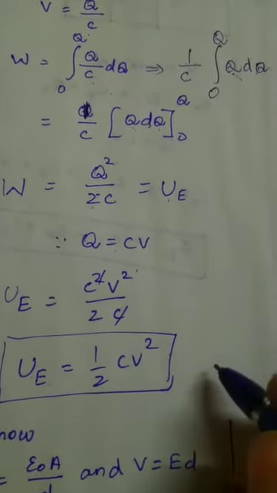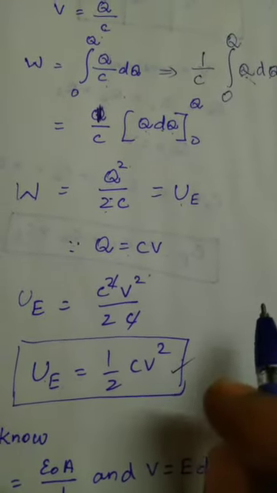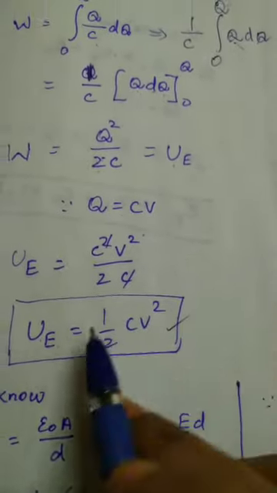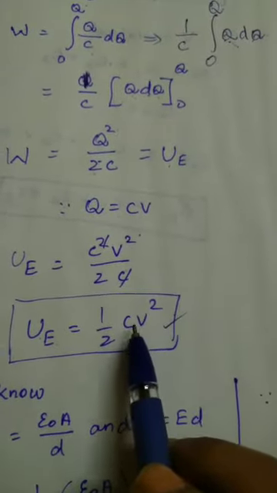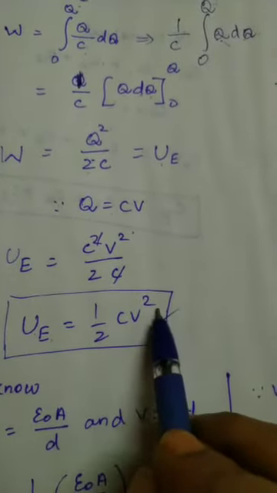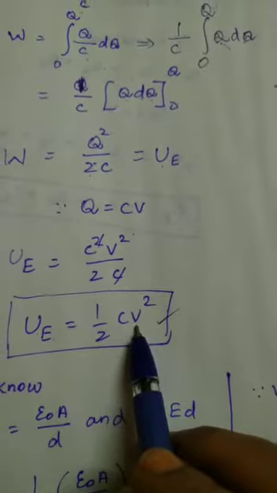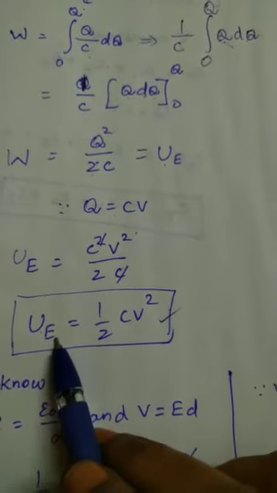This is the energy stored in the capacitor, and the energy stored is directly proportional to the capacitance of the capacitor and also the square of the potential difference, right? This is the energy stored in the capacitor.